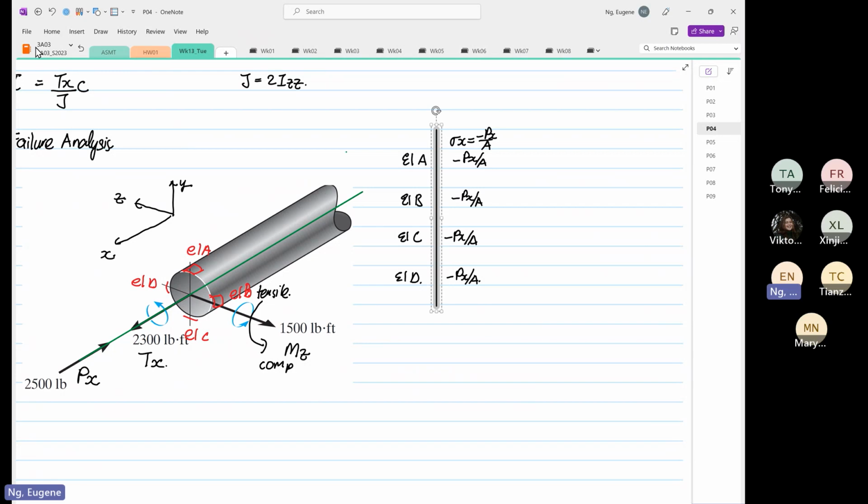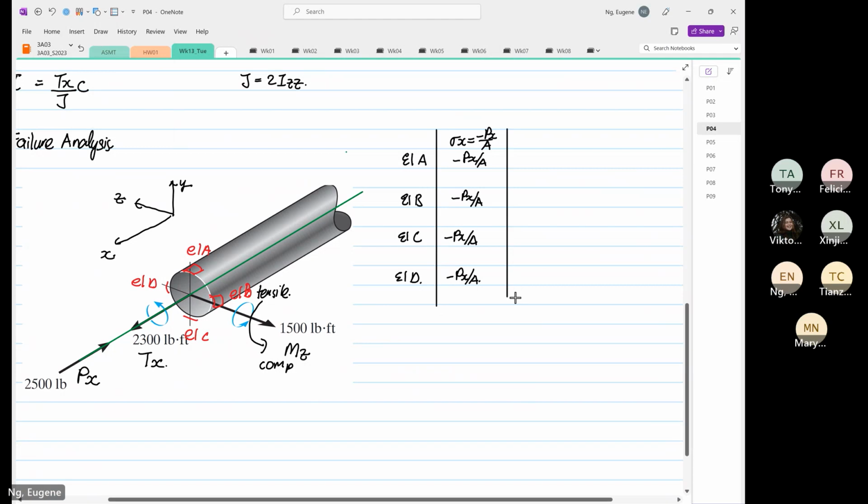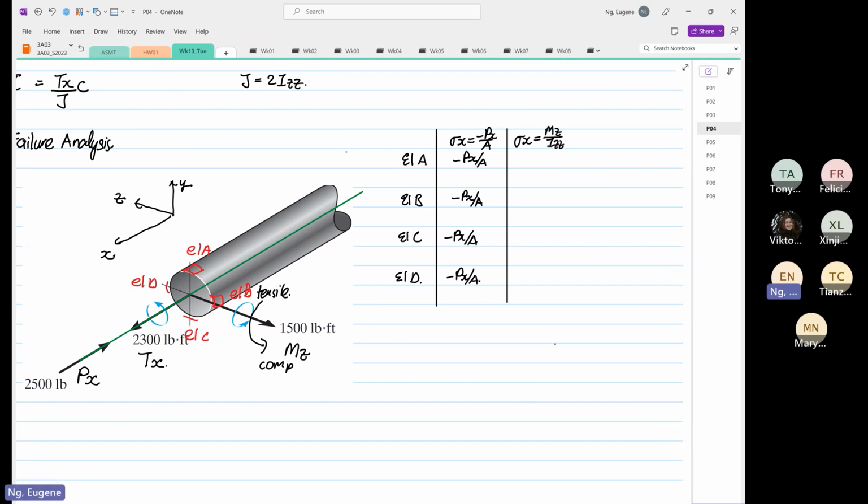Okay, and now the next one that we're going to look at is stress X is equal to Mz over Izz multiplied by y. So element A will have positive Mz multiplied by y over Izz, right?